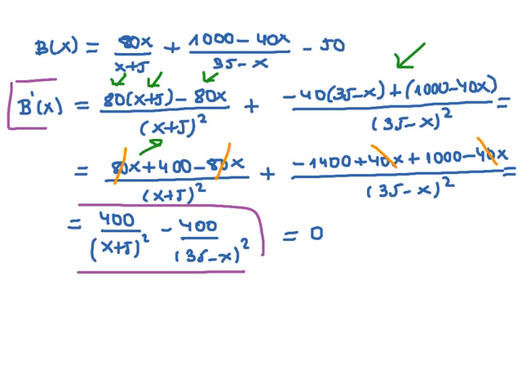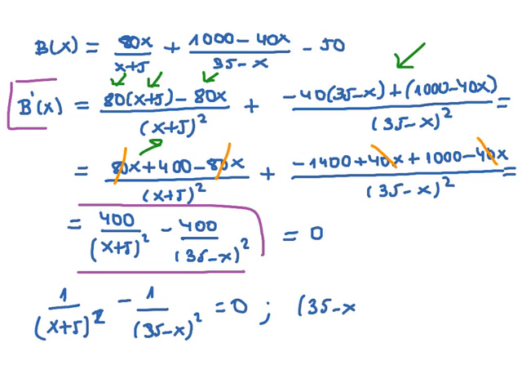I can simplify the number 400, and I have 1 over (x plus 5) squared minus 1 over (35 minus x) squared is 0, which is (35 minus x) squared minus (x plus 5) squared equals 0.